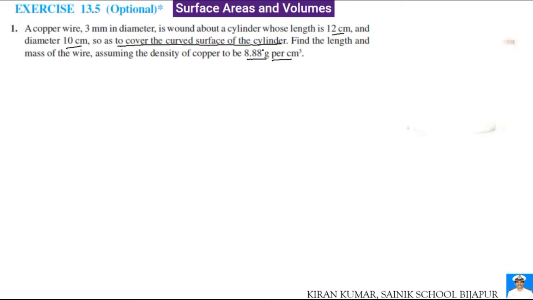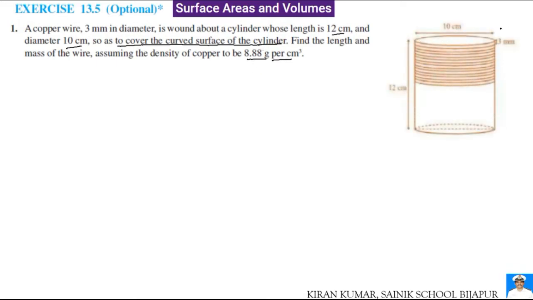This is how it looks. Copper wire is wound about a circular cylinder. The height of the cylinder is 12 centimeter, the diameter is 10 centimeter, and the diameter of the wire is 3 millimeter.